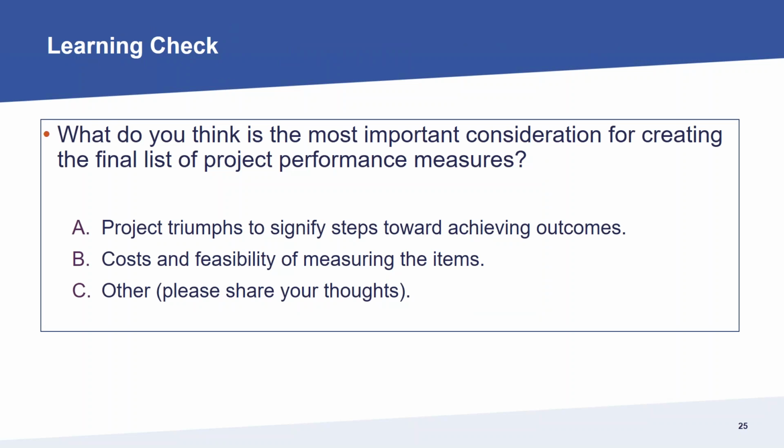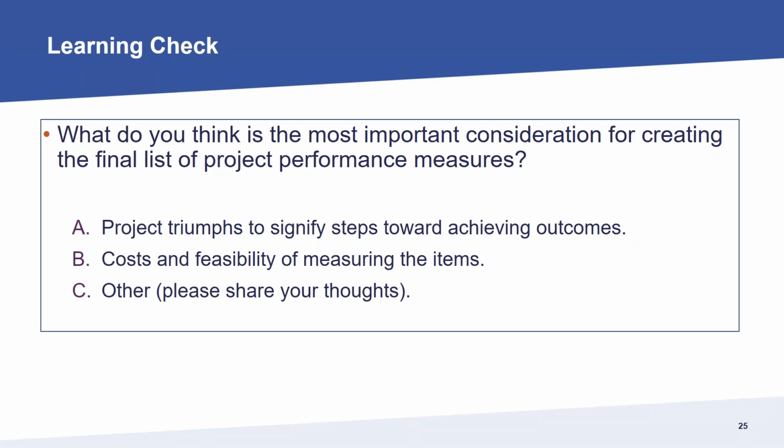Okay, time for another question. This time, we are curious about your opinion. So we are asking you, what do you think is the most important consideration for creating the final list of project performance measures? Again, this is what do you think? Is it A, key project milestones or accomplishments that indicate progress toward achieving the outcomes?